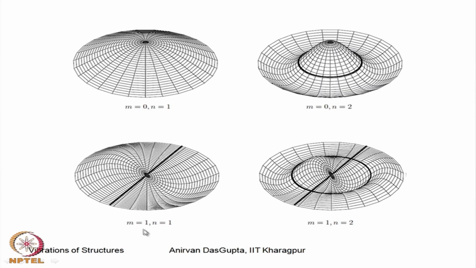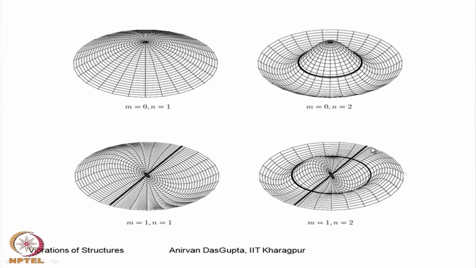Now, as you increase m, you generate a nodal line or nodal diameter, as you can see here. So, n equal to 1, you do not have any nodal circle, whereas n equal to 2, you have one nodal circle, and for m equal to 1, you have this nodal diameter.